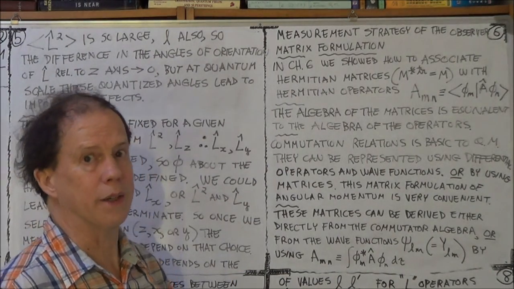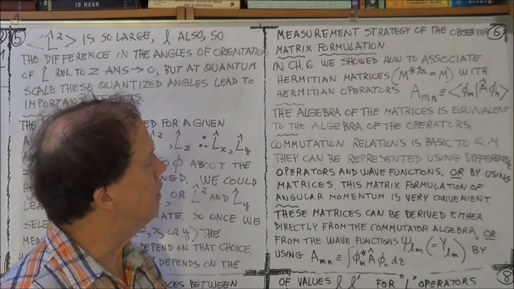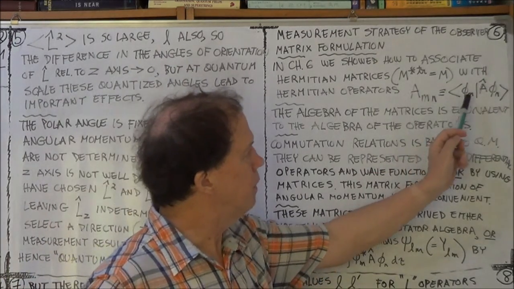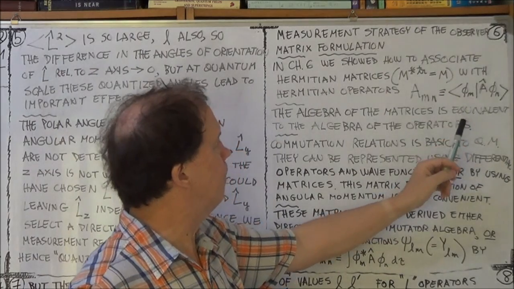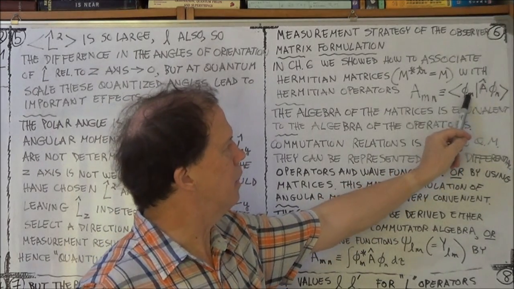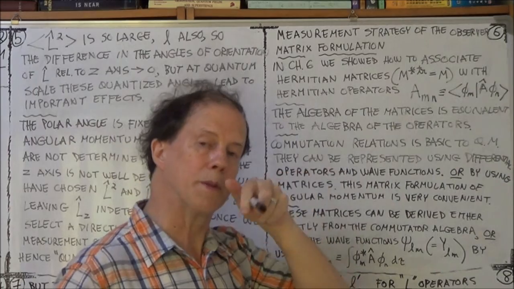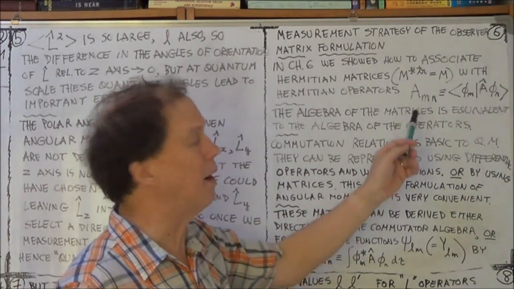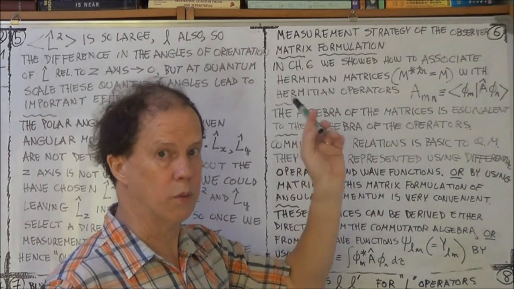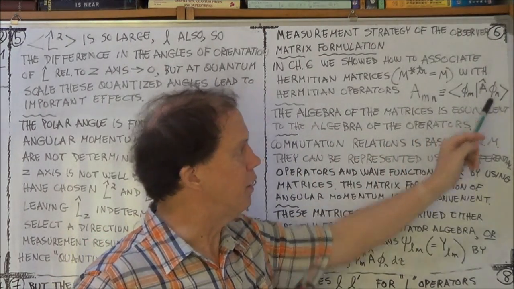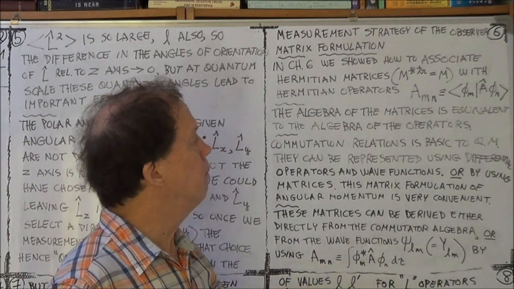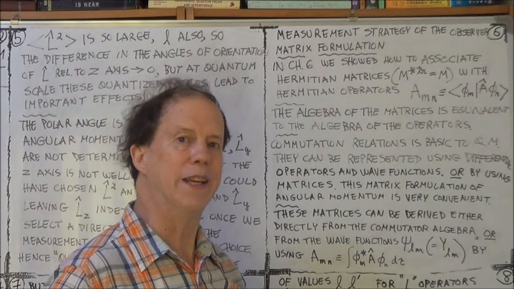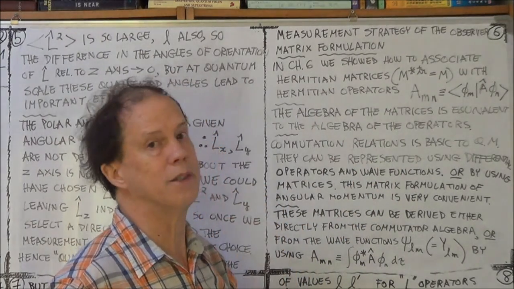Now, you can do quantum mechanics using matrices of this sort, and they're equivalent. So you can use Hermitian operators and their eigenfunctions. That's the way we've been using, pretty well exclusively, up to this point in this whole quantum mechanics course. We've been using this operator eigenfunction approach, but you can quite equivalently use the matrix approach.